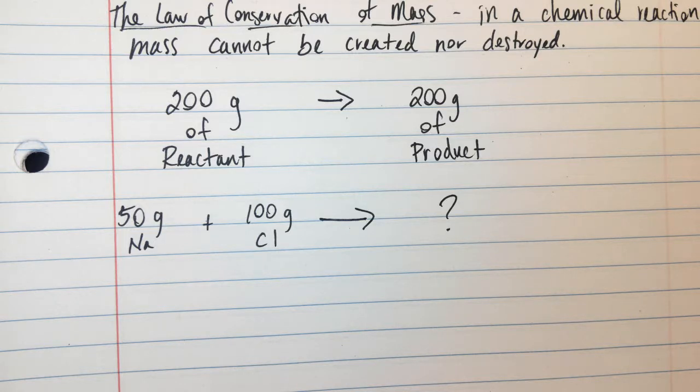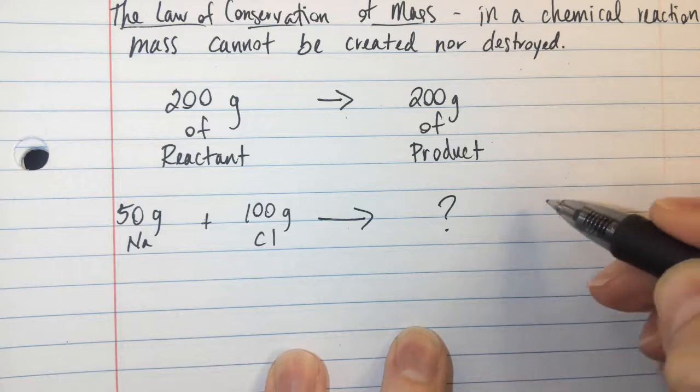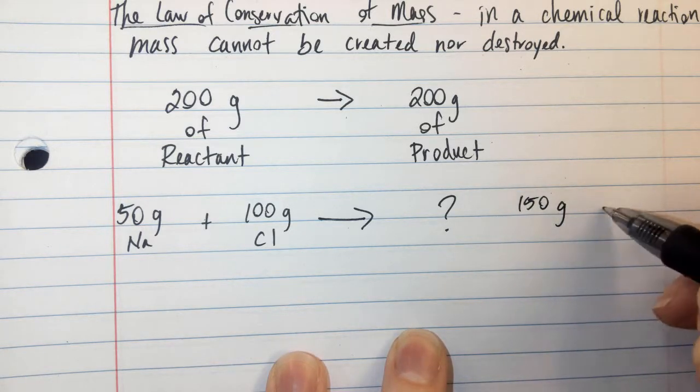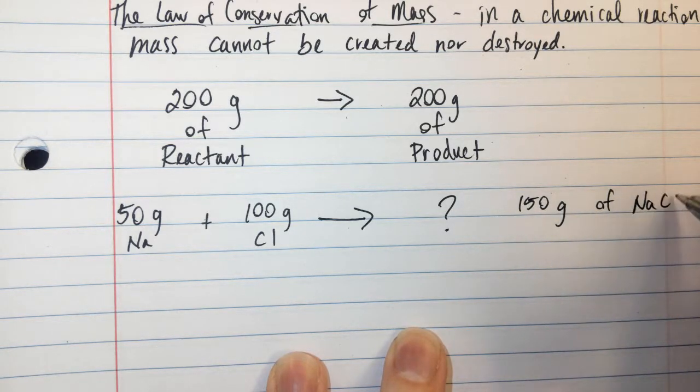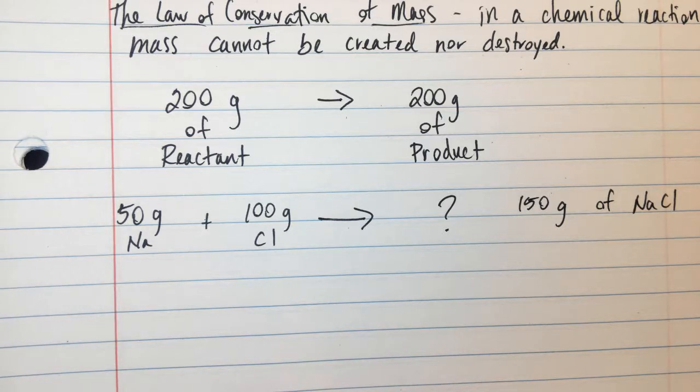Don't make this hard. If I start with this, what am I going to finish with? 150 grams of, what is that? What does that make? Sodium chloride, which is salt. Yes, 150 grams of sodium chloride, and that is salt. Okay?